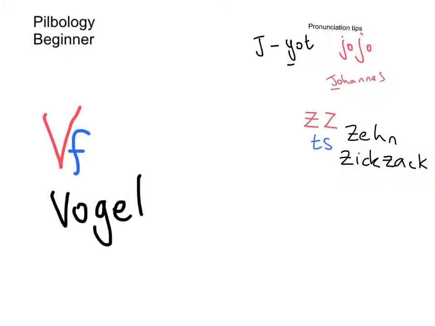Vogel is the word for bird. Der Vogel. Der Vogel. Pronounced as an F. You will also see an advert for a particular car manufacturer which has this symbol. This is not in actual fact Volkswagen. It is Volkswagen.